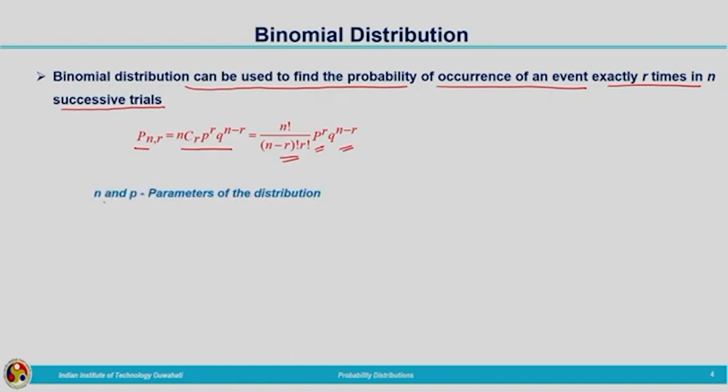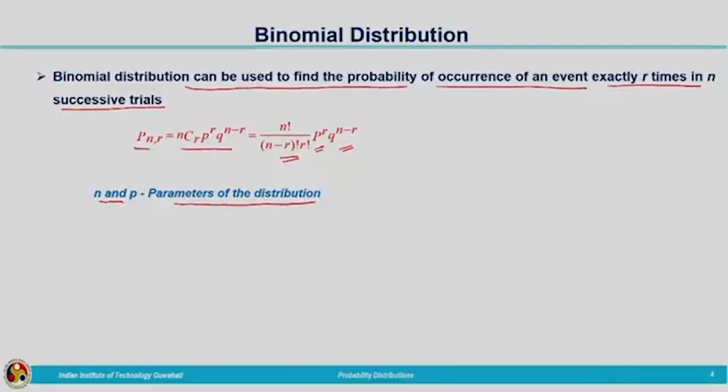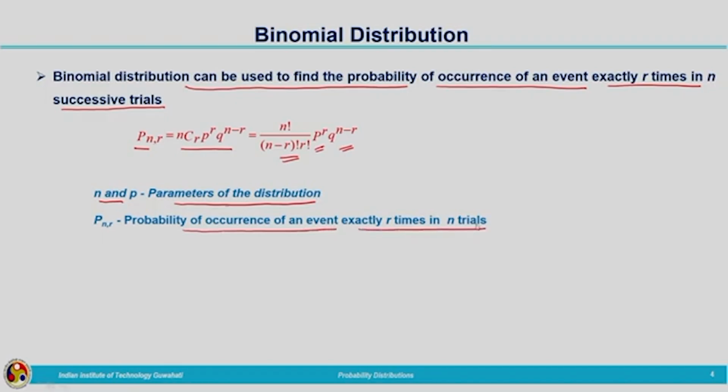In this, n and p are the parameters of the distribution. N is the number of trials and p is the probability of occurrence of an event. So, n and p are considered as the parameters of the distribution. P(n, r) is the probability of occurrence of an event exactly r times in n trials. We are telling probability of getting a head r times in n trials, that is considered as success.